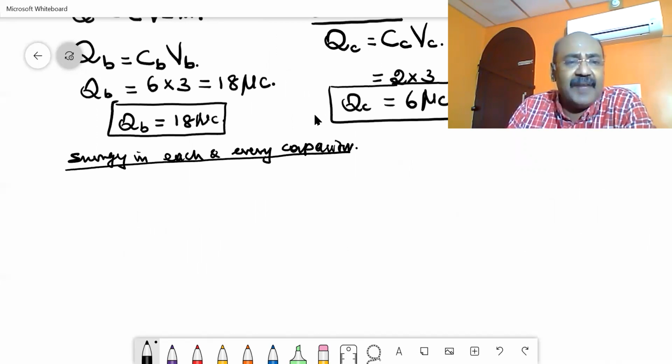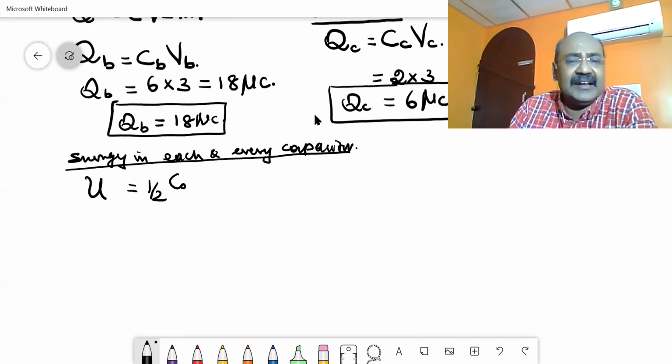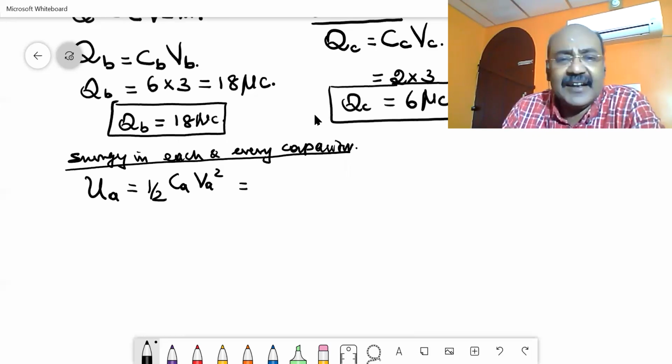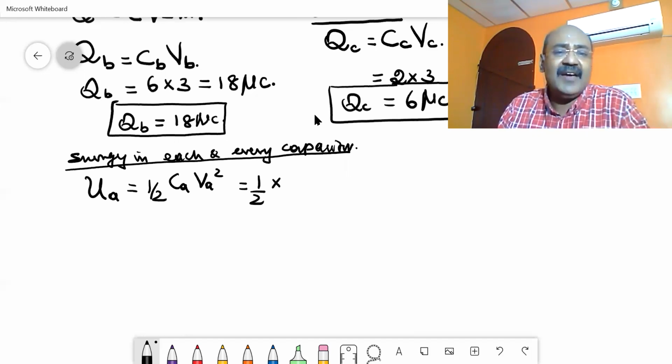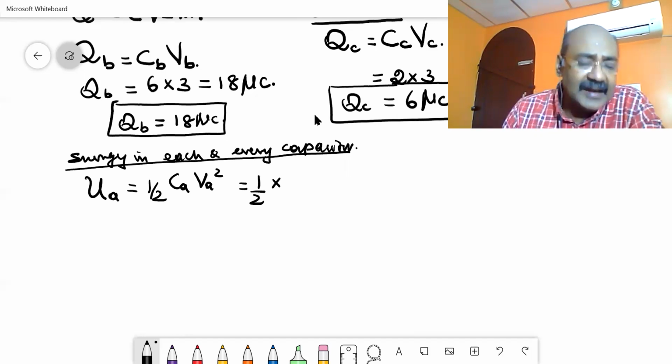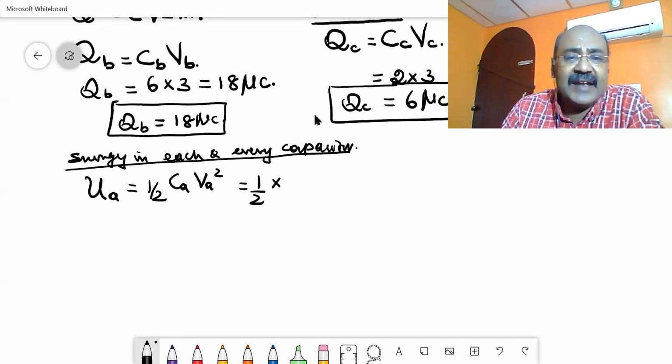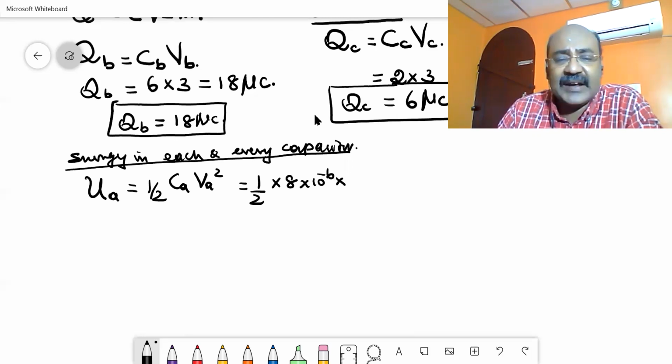The potential energy, represented by epsilon, in the capacitor A is half into Ca into Va square. So what is the energy? Half into, what is Ca? Ca we have been given as 8 microfarad, 8 into 10 power minus 6, multiplied with Va square. Va square is 3 square, it is 9.